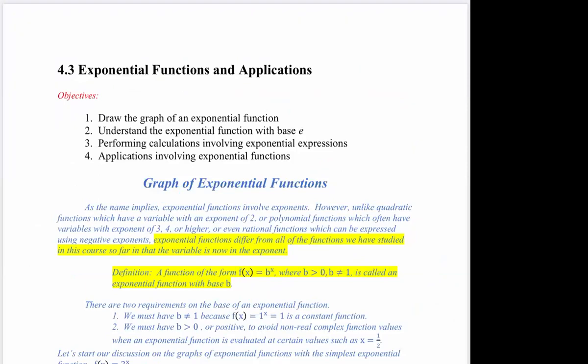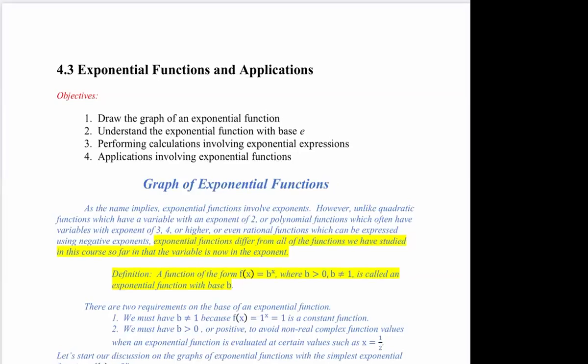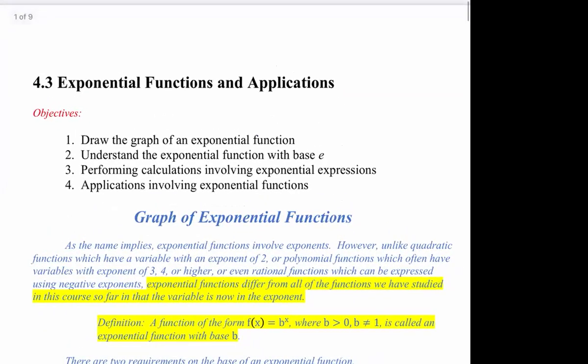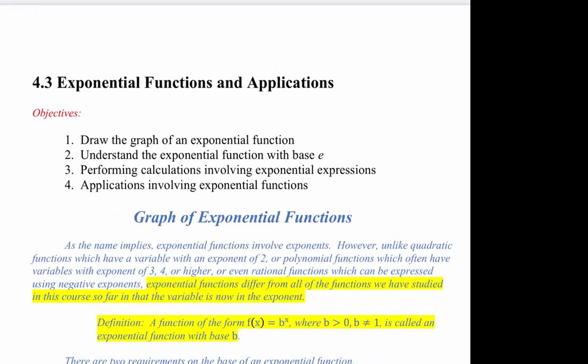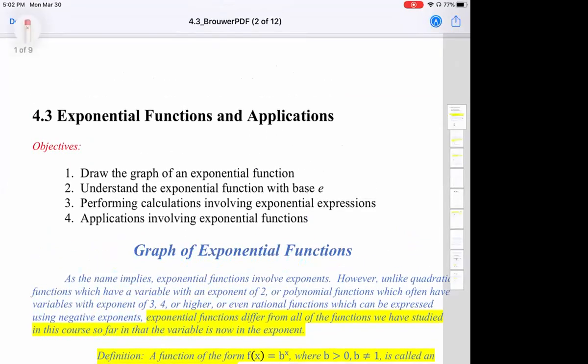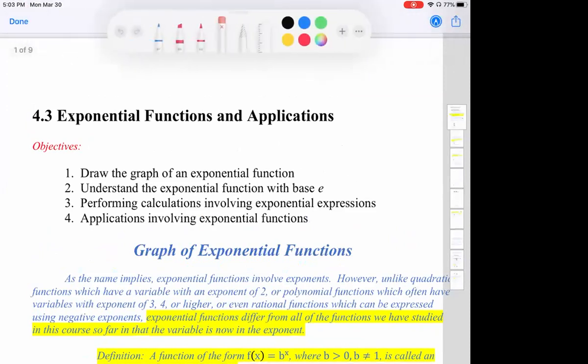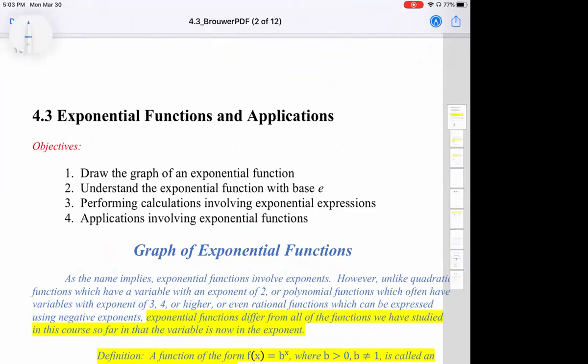All right. So let's continue with this next section, 4.3, exponential functions and applications. Before we begin, let me remind you some rules for exponents. So this is when we have a negative exponent. Sorry for my dog. All right.